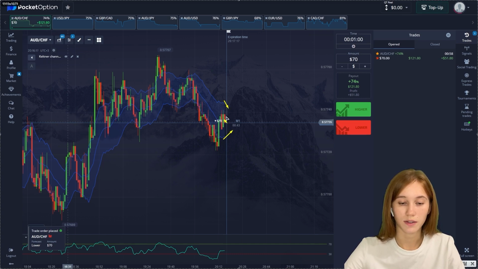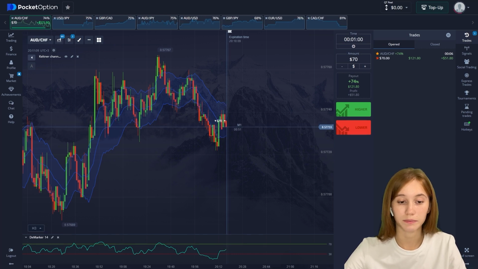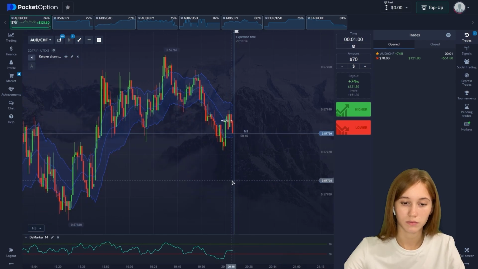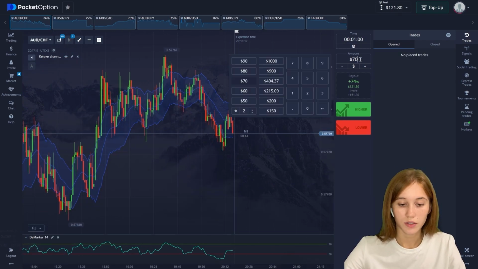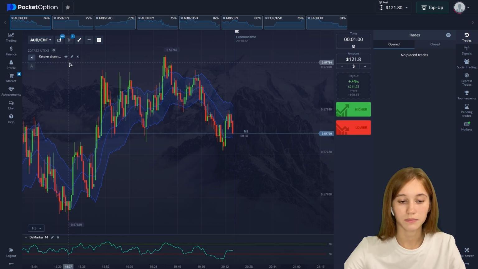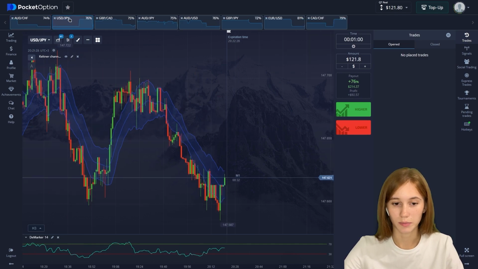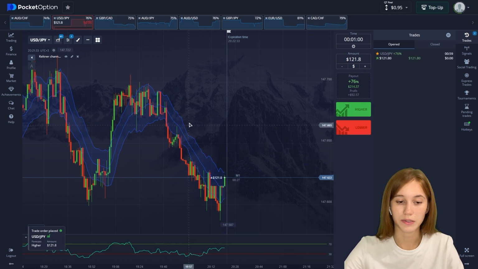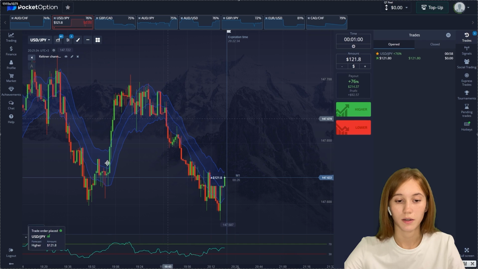By Keltner, we see that moving average down. It's a good signal that we opened correctly. Let's just see, 4 seconds left until the end of the deal, and yeah, our deal is going into plus. $121. And let's move on.